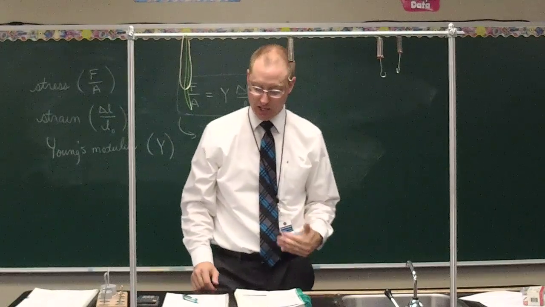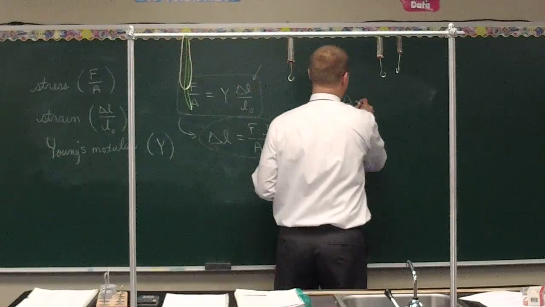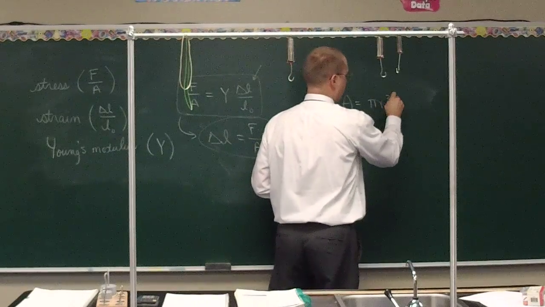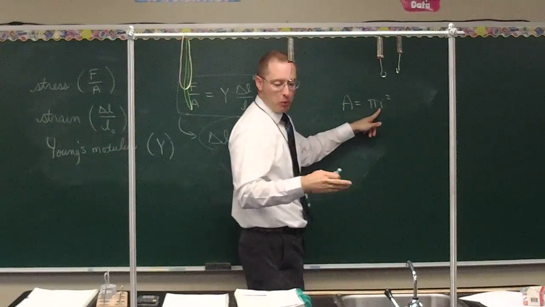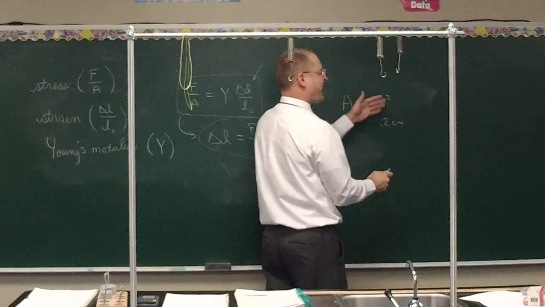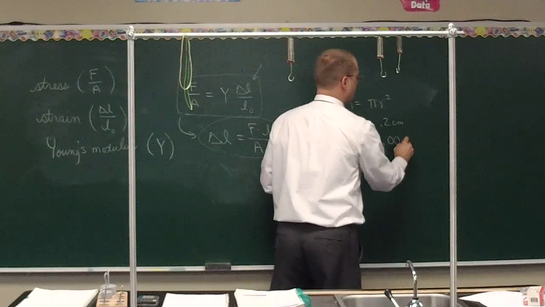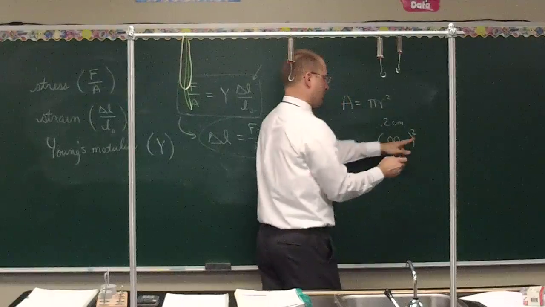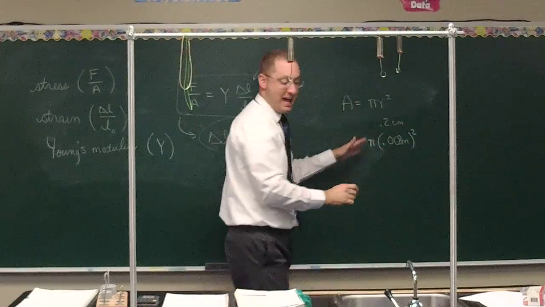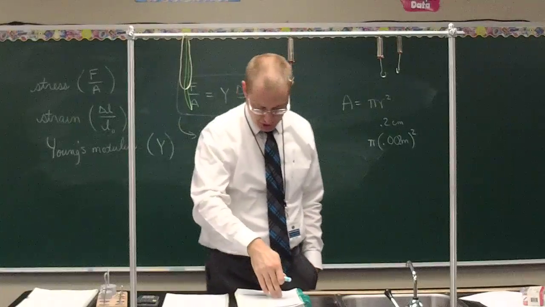They found the cross-sectional area. Remember, cross-sectional area, if it's a circular cross-section, is going to be pi r squared. So they had to cut the diameter of 0.4 centimeters to get a radius of 0.2 centimeters, but then they had to change it to meters, 0.002 meters, and that gets squared times pi, and that gave them their area that you see there.